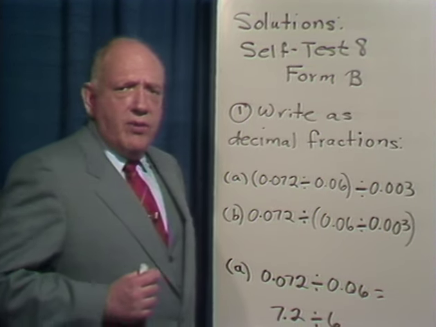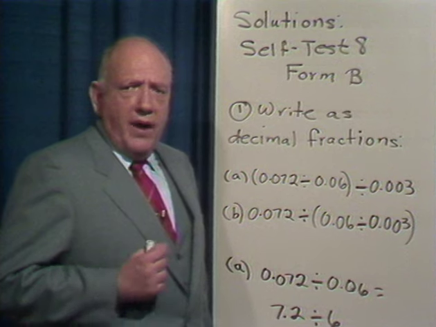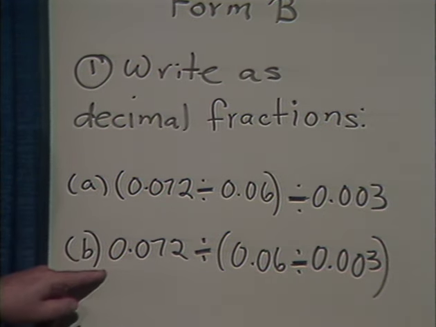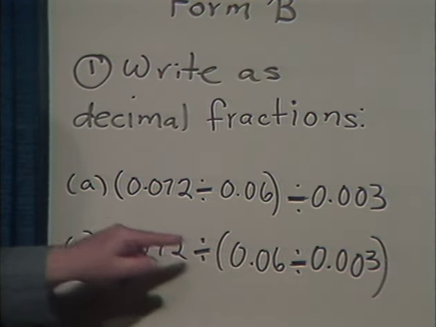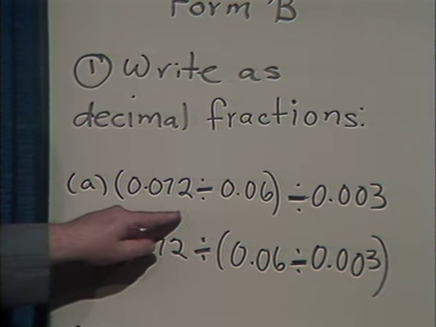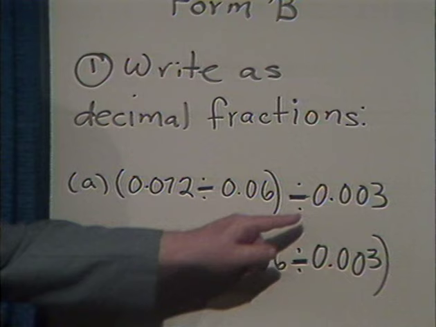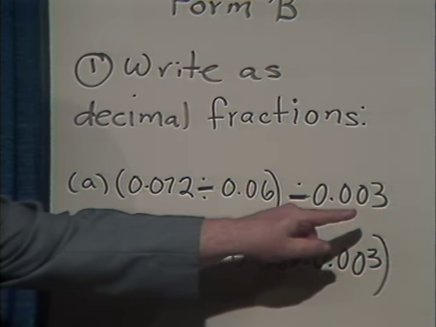We figured we would give two problems that would emphasize the need for grouping symbols. In both parts A and B, without the parentheses, it would read 0.072 divided by 0.06 divided by 0.003.